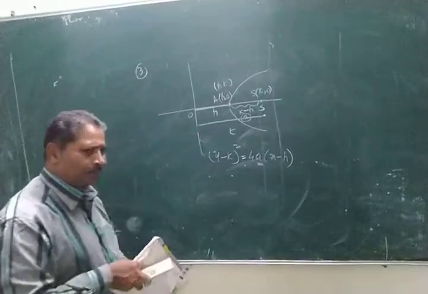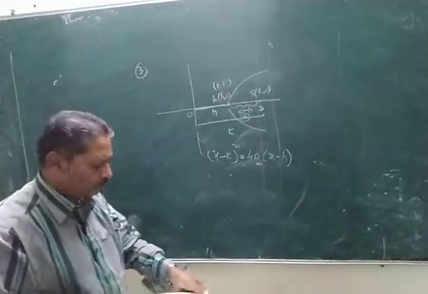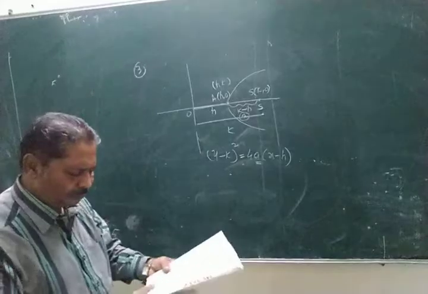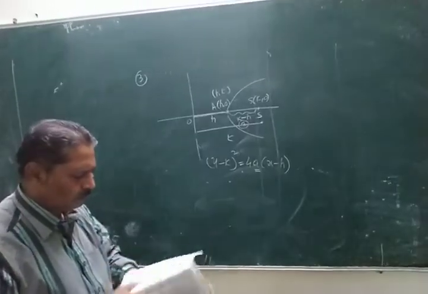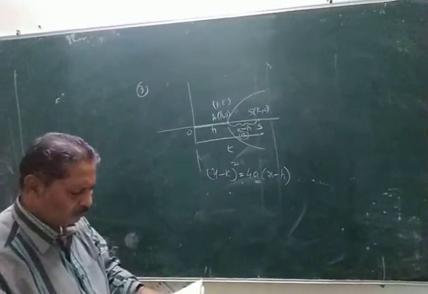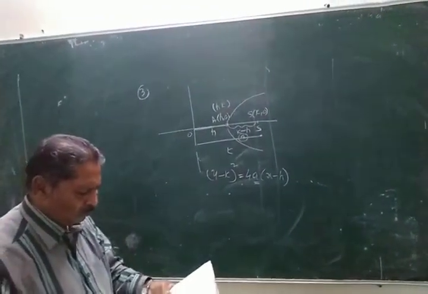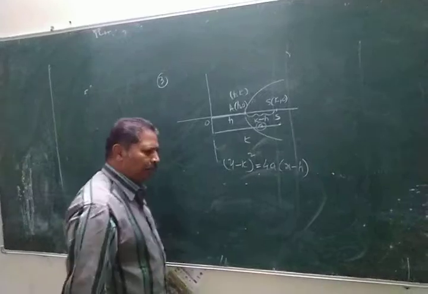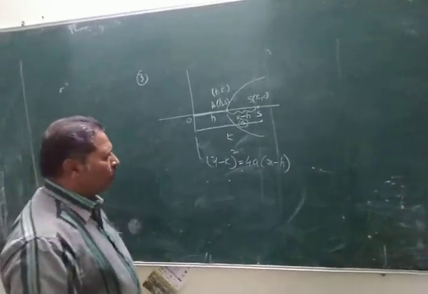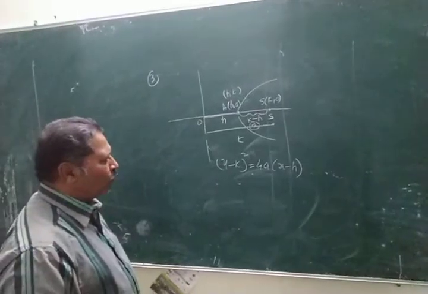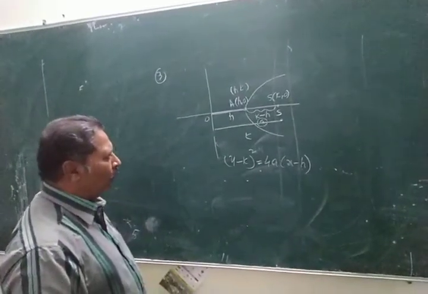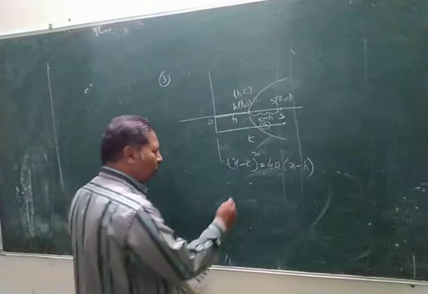Take the diagram of the parabola. (y minus k) whole square equals 4a into (x minus h).